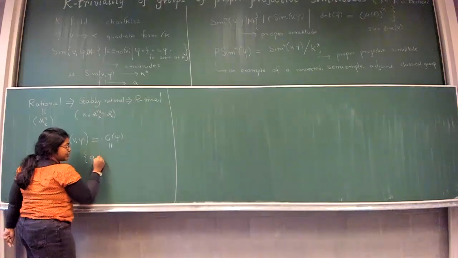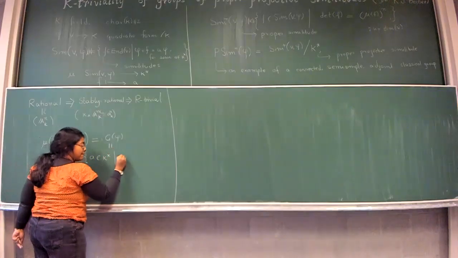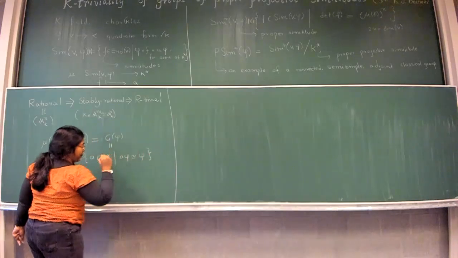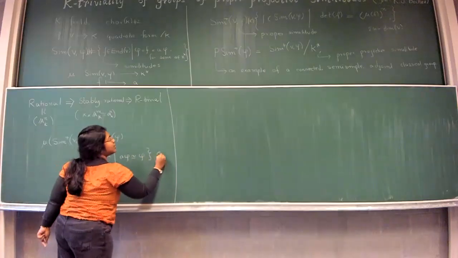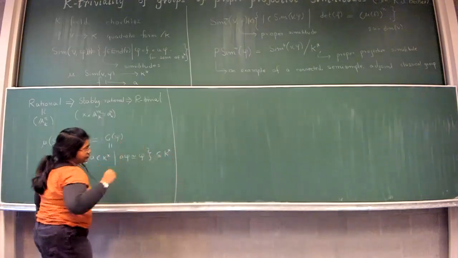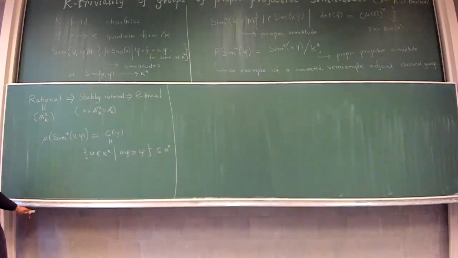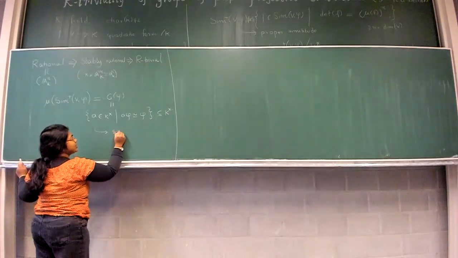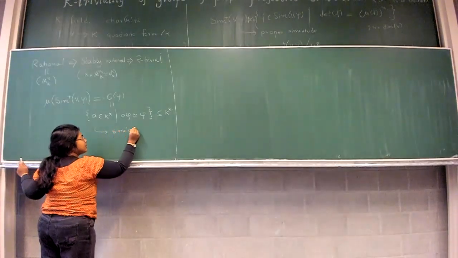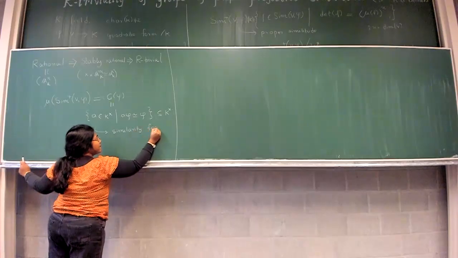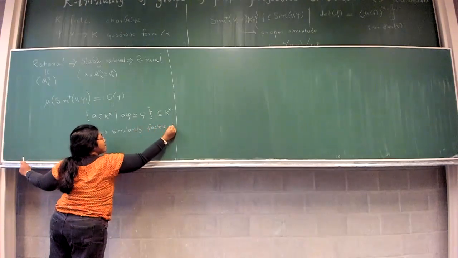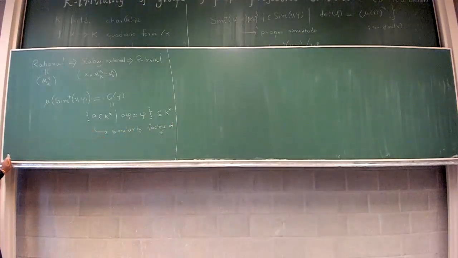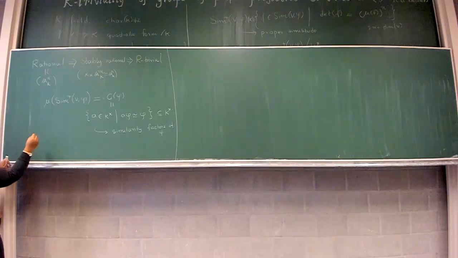Another version is those which are isometric too. We call this the group of similarity factors of this quadratic form, and you can notice that K star is contained here.